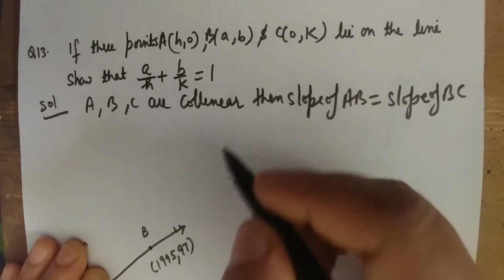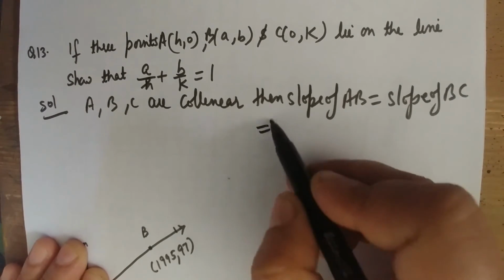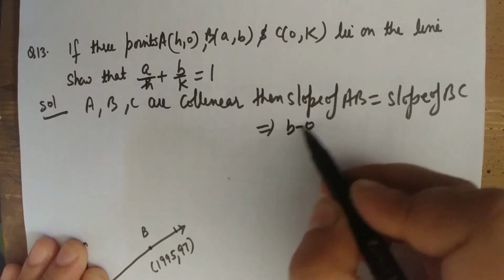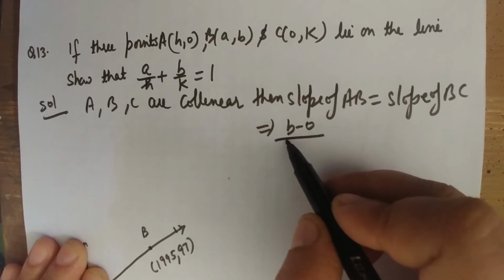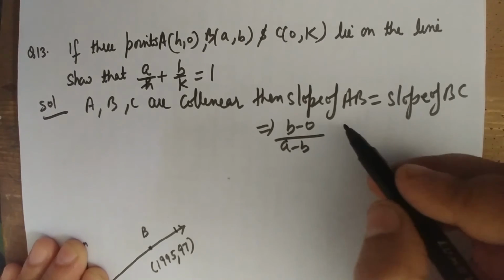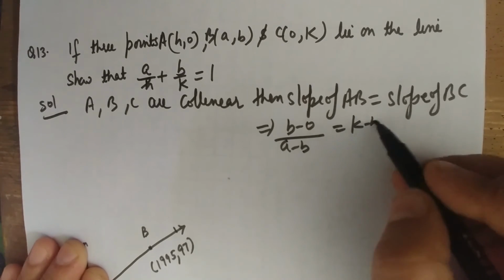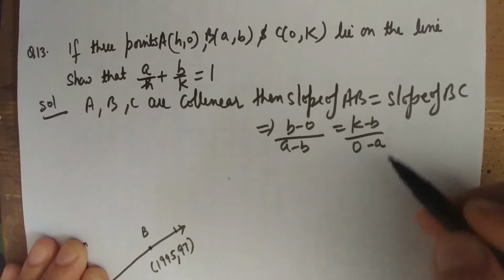Slope of AB is b minus 0 divided by a minus h, and slope of BC is k minus b upon 0 minus a.